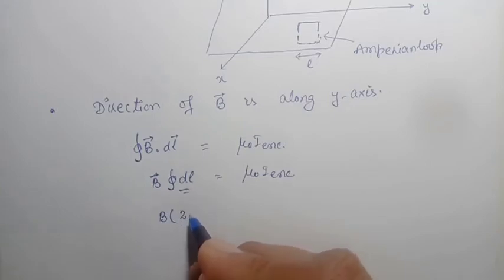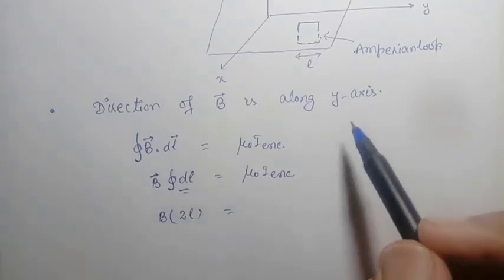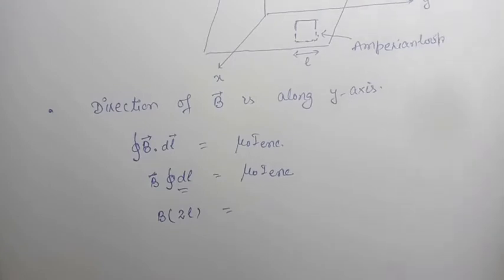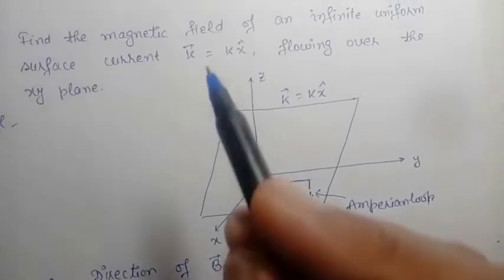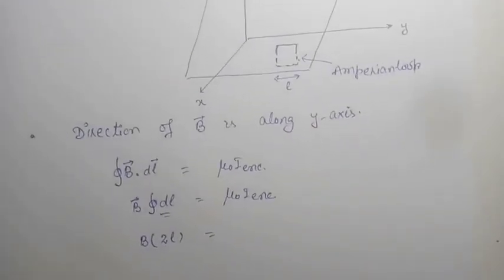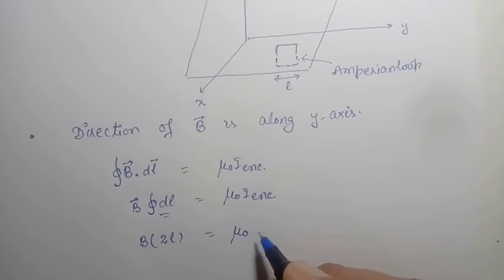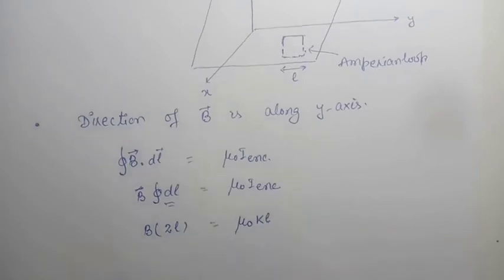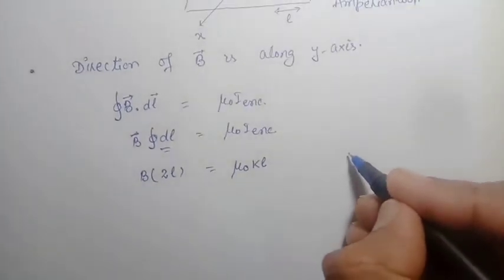And as per our problem, the surface current K is equal to K x cap. So we can write mu naught K, because the length of the Amperian loop is L, so we can write KL. Why is it so?